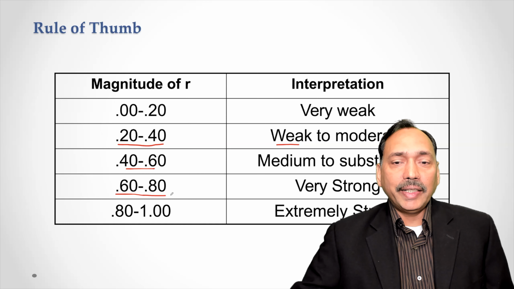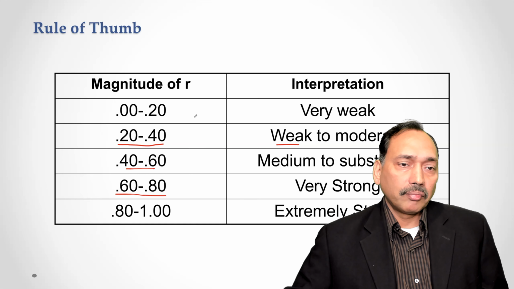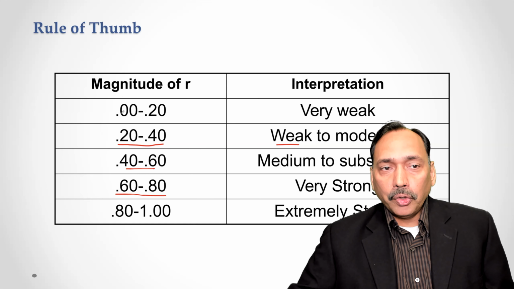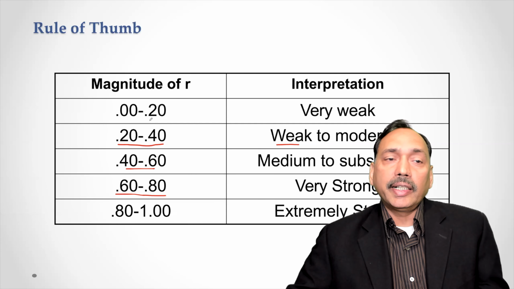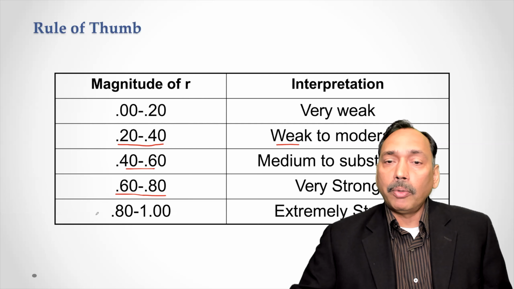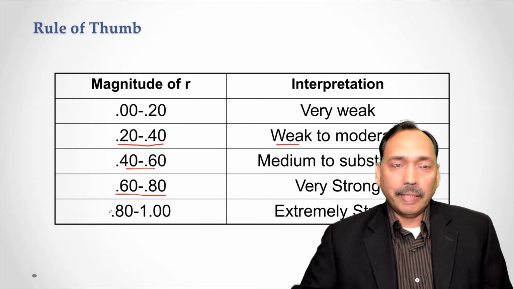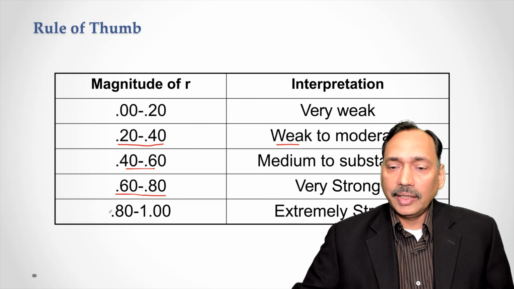Usually 0.60 to 0.80, it's very strong, and anything between 0.80 and 1 is extremely strong. So it is true for both the positive direction and negative direction. Although I have indicated only positive values here, the same thing is true for the negative direction also.